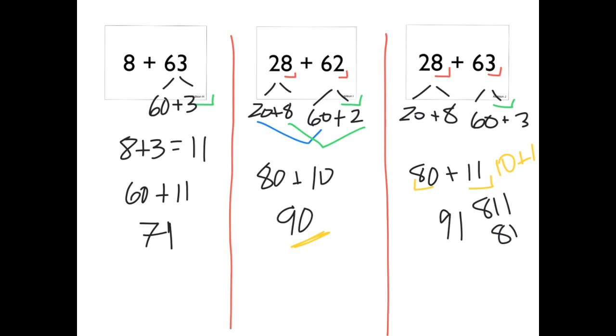Now when students are comfortable getting the right answer, so they're accurately finding the sum, I always encourage them to try and only break up one of these numbers. So when you're looking at a question such as 28 plus 63, it's possible to only break up one of the numbers: 20 plus 8 plus 63.